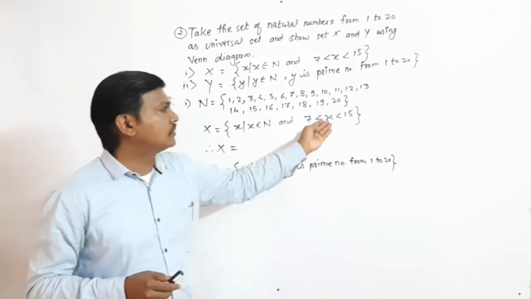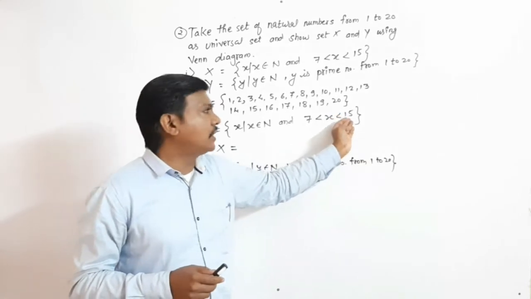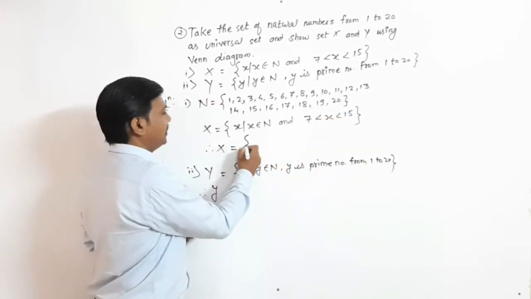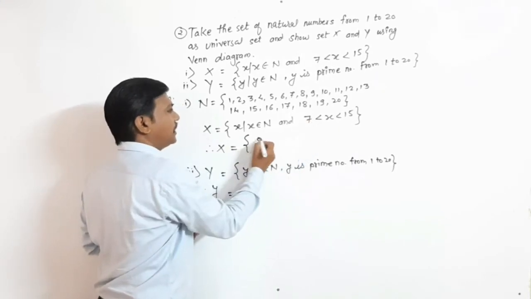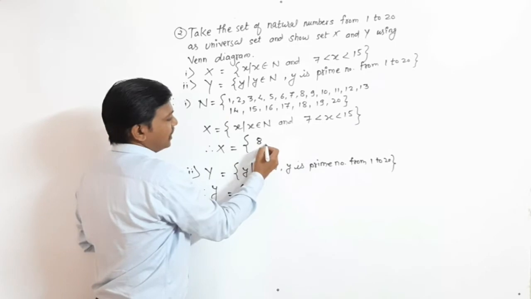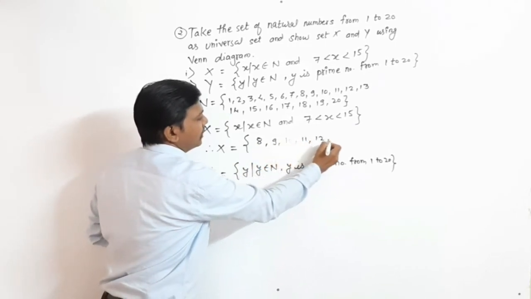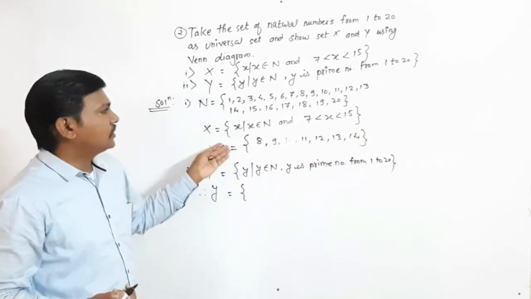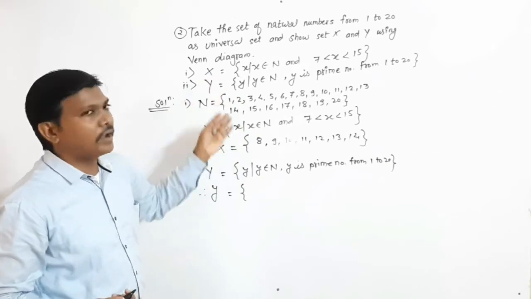So you know, the natural numbers which are greater than 7 and less than 15, we write in curly brackets. In X, the numbers greater than 7 and less than 15 are 8, 9, 10, 11, 12, 13 and 14. Then represent this information by a Venn diagram.